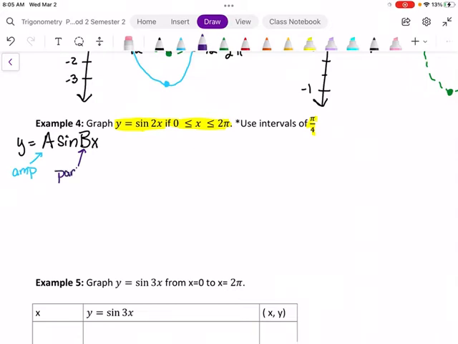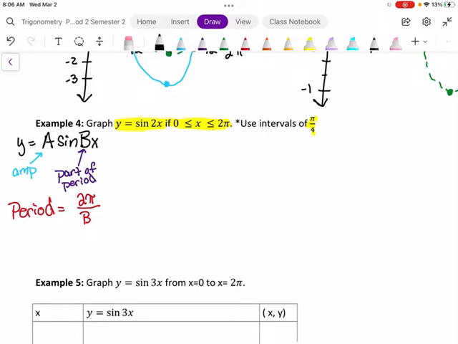So when you find the period of a graph for sine and cosine, your period is going to be equal to 2 pi over the B value. And that's going to be the length of your period.